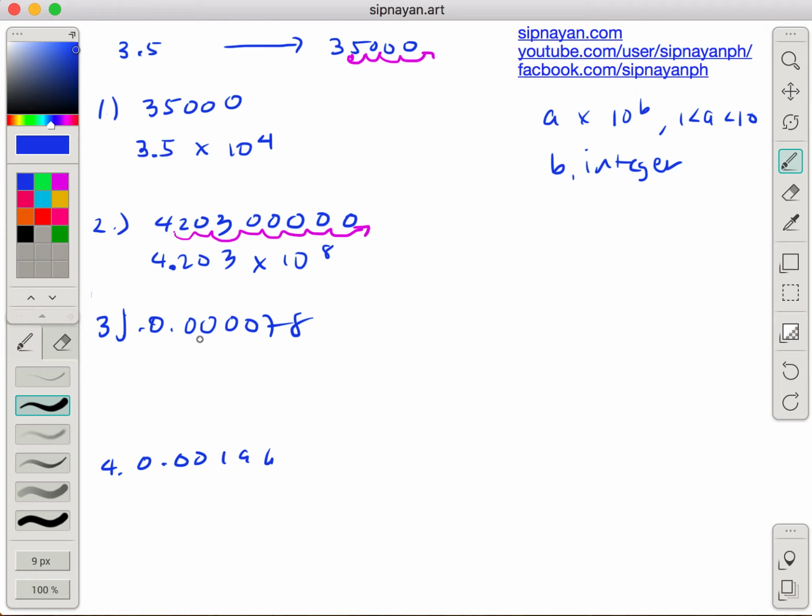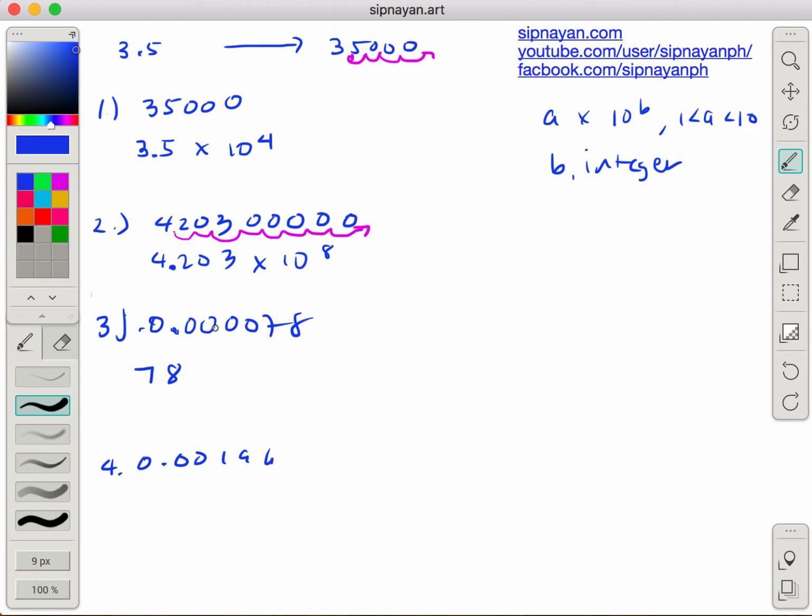Next, 0.000078. So ganito naman, para makuha yung value ng a, kukunin natin yung mga digits, the leftmost digit na non-zero. So, lahat yan 0, ang leftmost digit ay 7 up to yung rightmost digit na non-zero. 78 lang siya, di ba?